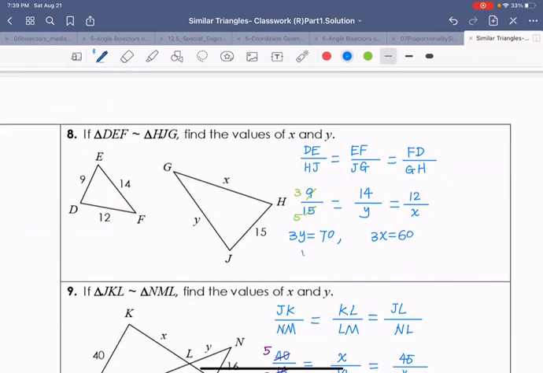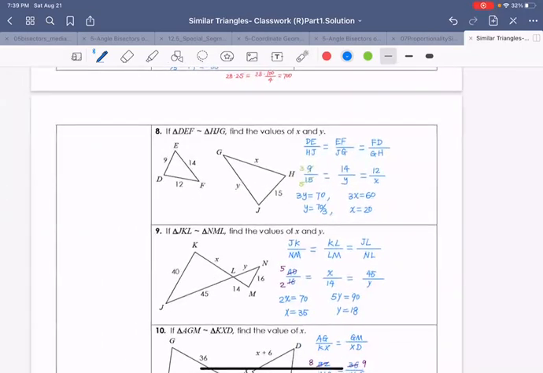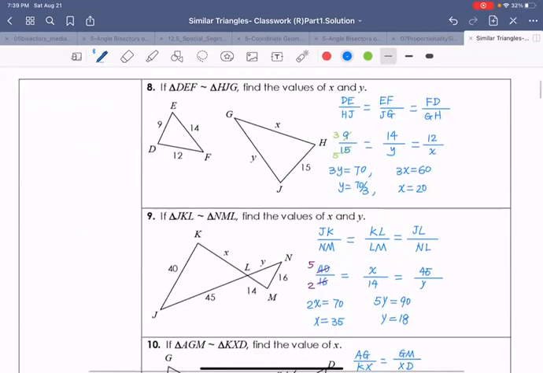So y equals 70 over 3. And x equals 20. There you go. Does this make sense? Yeah.